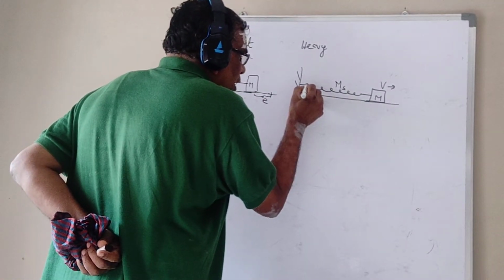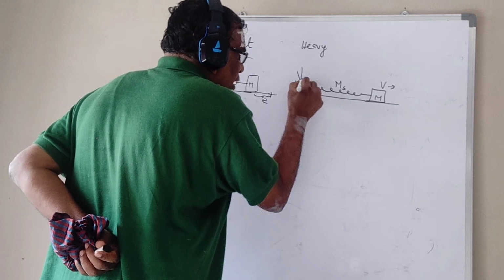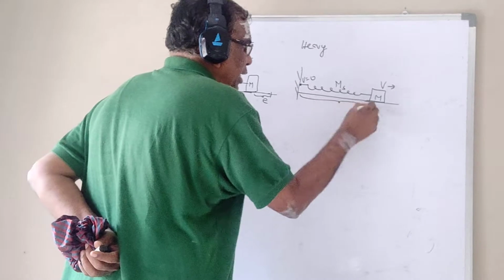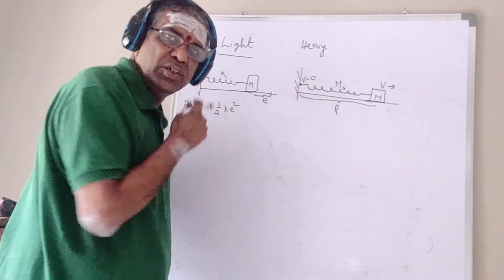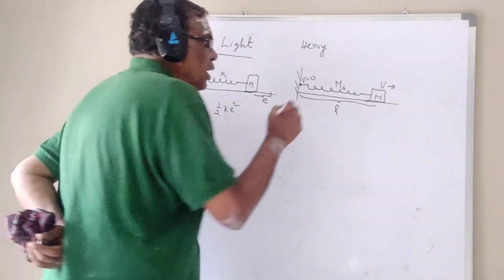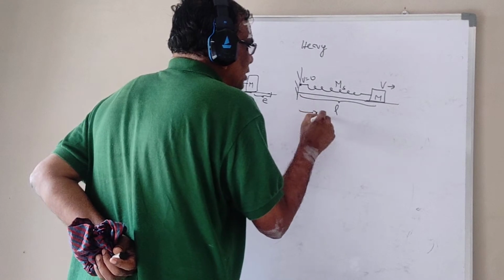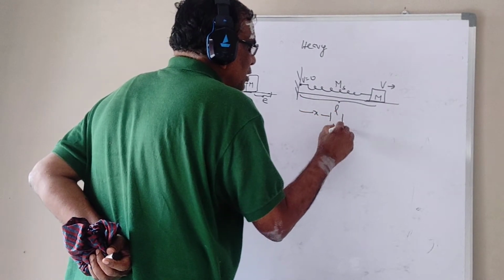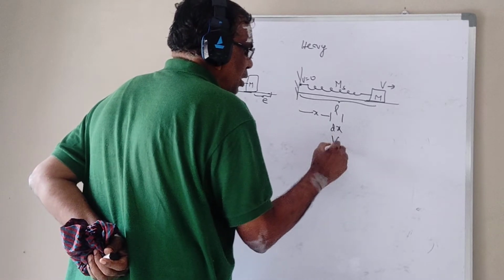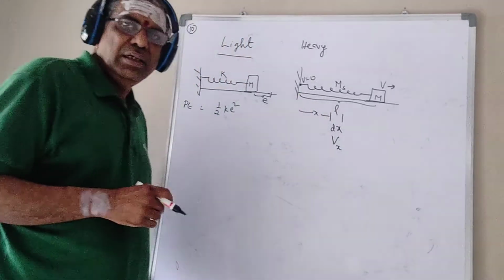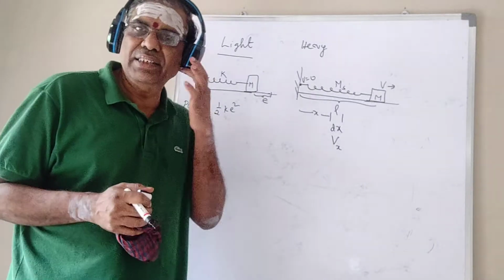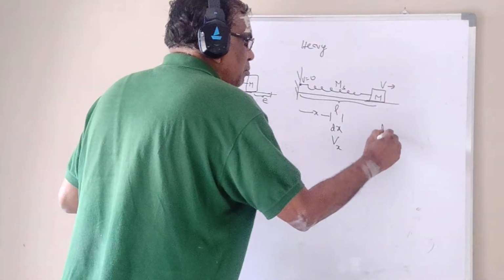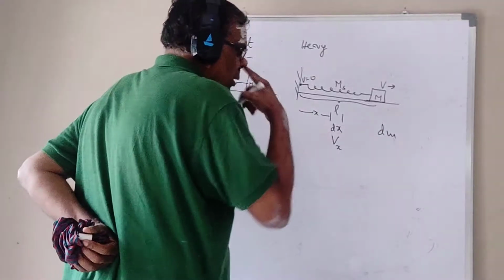The velocity at the edge or here is 0. If I take the length of the spring to be L, at any distance x, I consider small elemental mass or length dx having a mass dm, right?